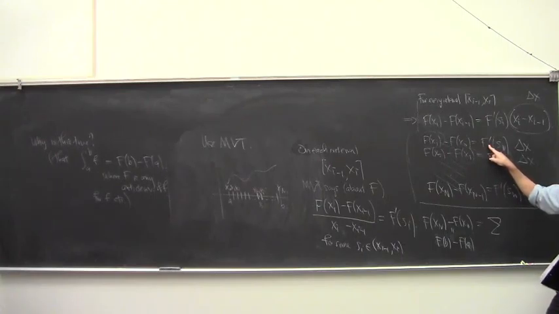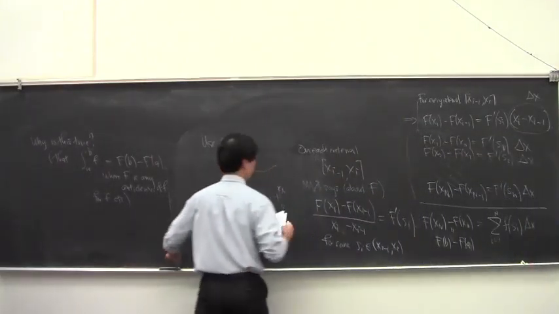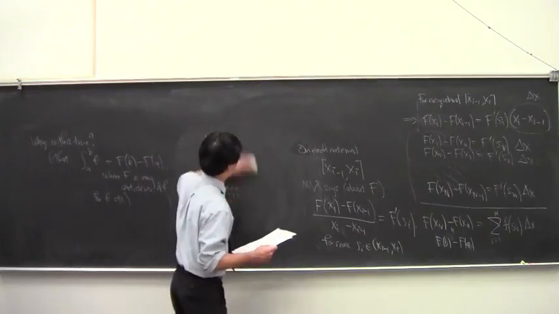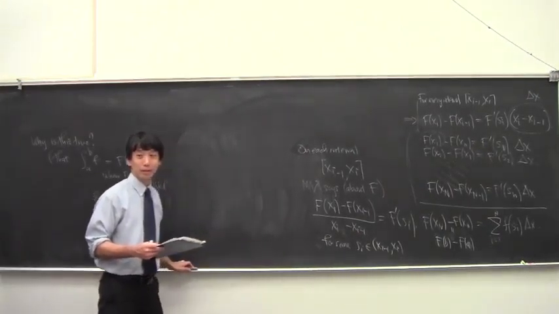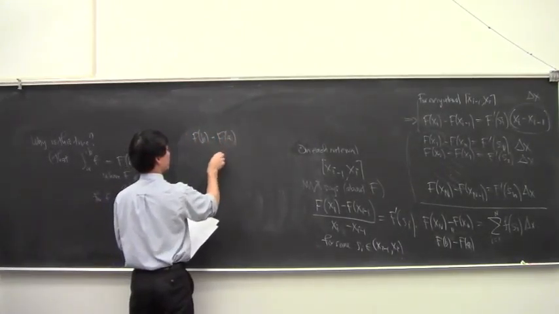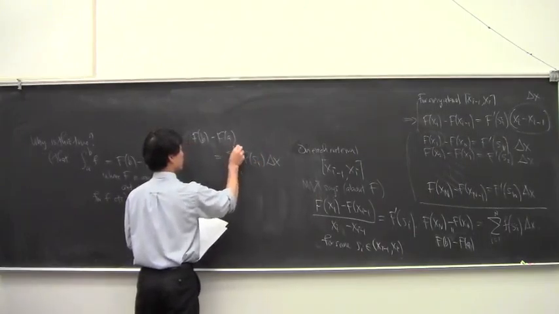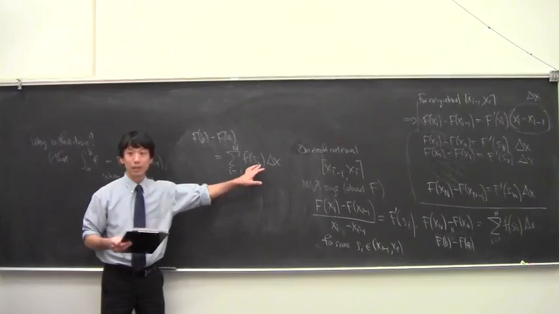Big F was the antiderivative of little f, so big F prime is little f, evaluated at the sample points times delta x, summed from i equals 1 to n. So you see, f of b minus f of a equals the Riemann sum of little f.